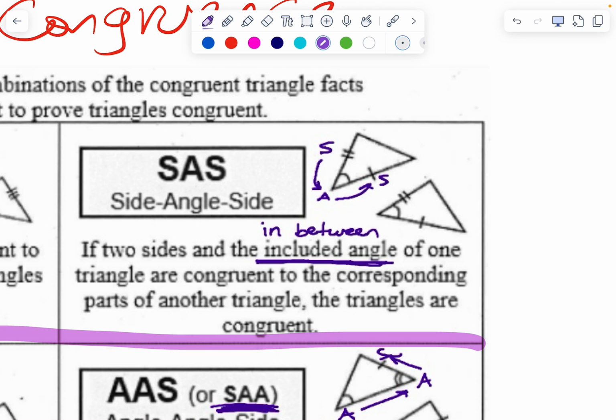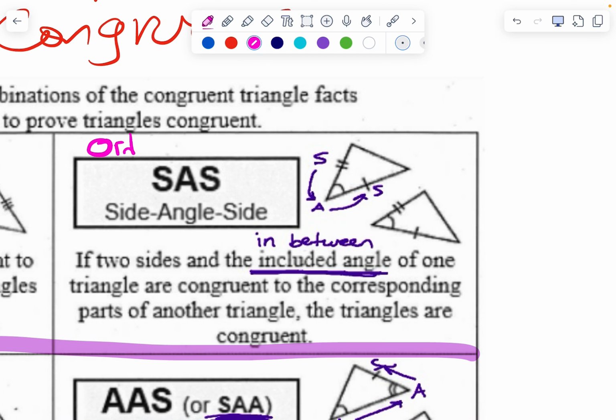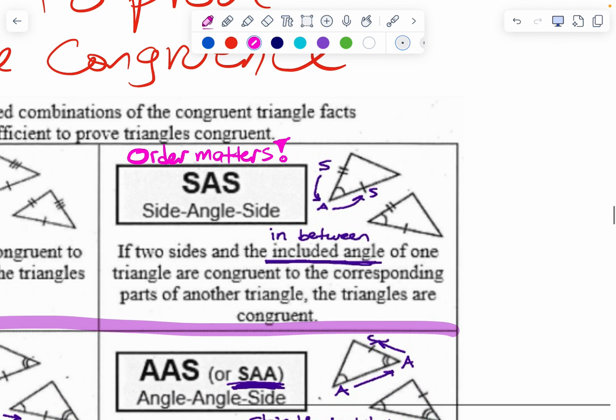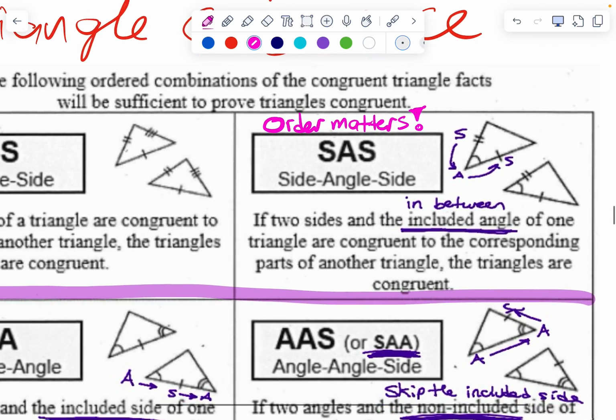It's not, do we just have two sides and an angle that are congruent, but order matters. So also make that note. And that's going to be true on the next set as well. Order matters. So two of these are at least two sides.